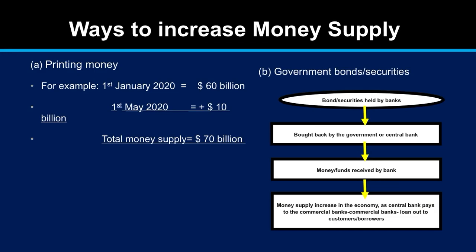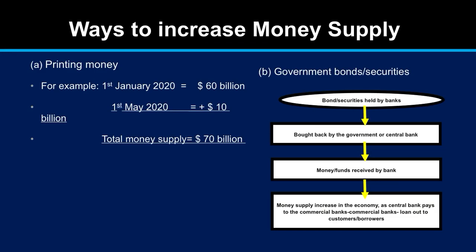When the government decides to increase the money supply in the economy by simply printing money, this can be done by adding another 10 billion, which gives a total of about $70 billion of money supply in the economy. So the first way to increase money supply is by printing more money.